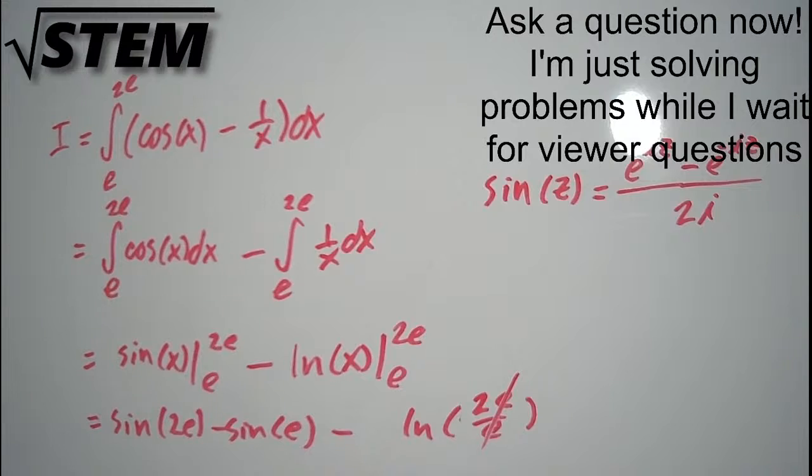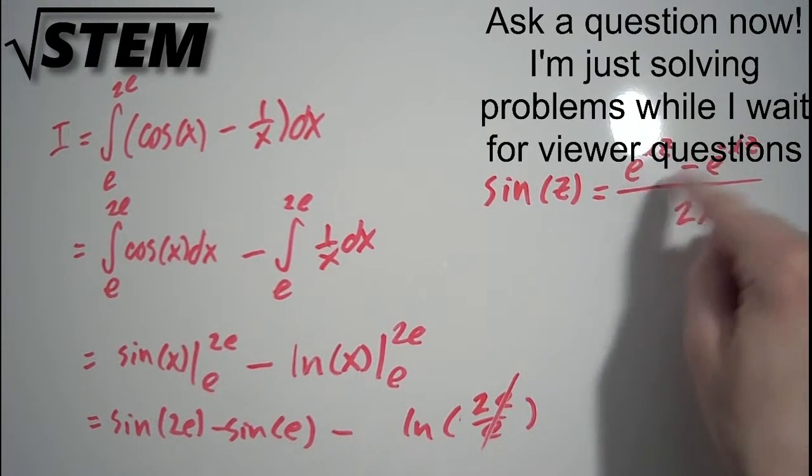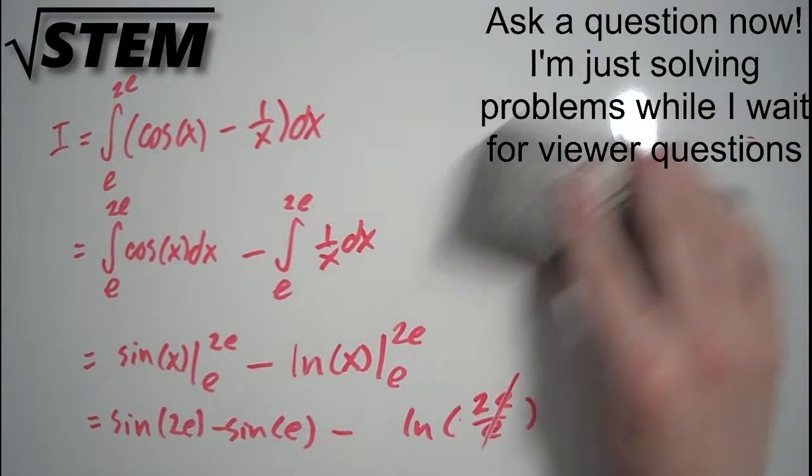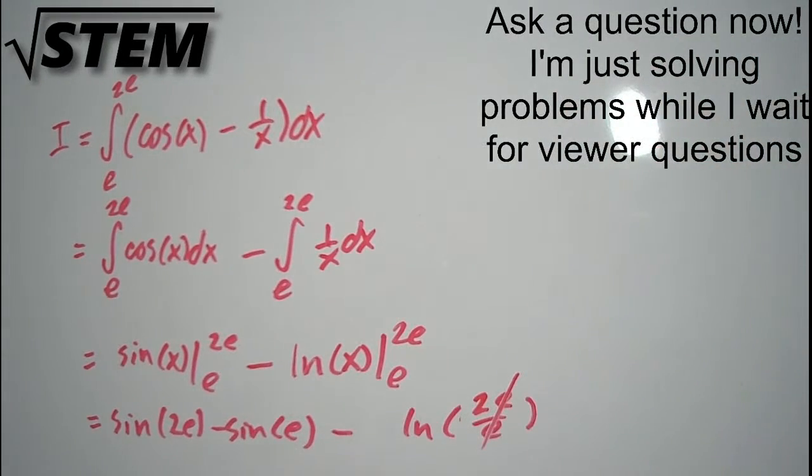Oh, but that's not natural logs. We would have e to the e something or other, so actually, never mind. There's not really a good way to simplify that then. So our final simplest answer is that sine of 2e minus sine of e minus the natural log of 2.